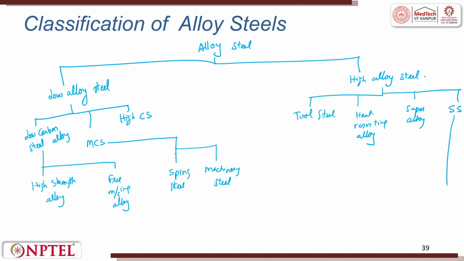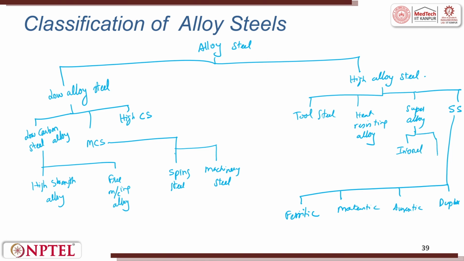Again in stainless steel, you have ferritic, martensitic, austenitic, and duplex. We will see all these things in detail later. Here you can have super alloys, you can have Inconel and Monel.